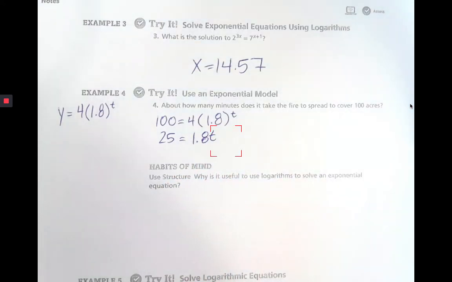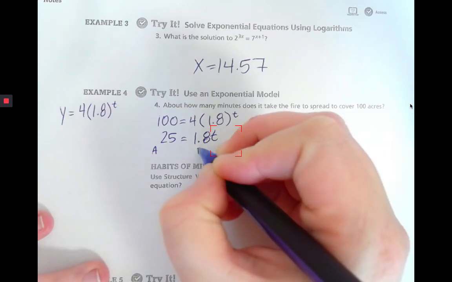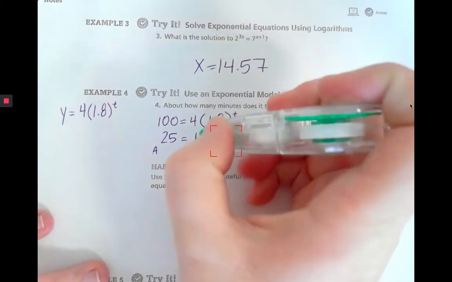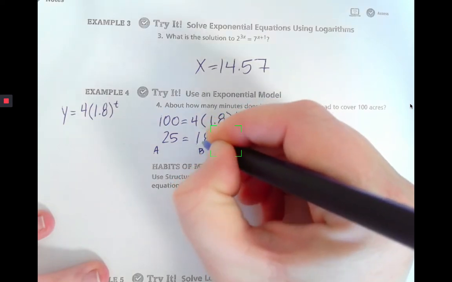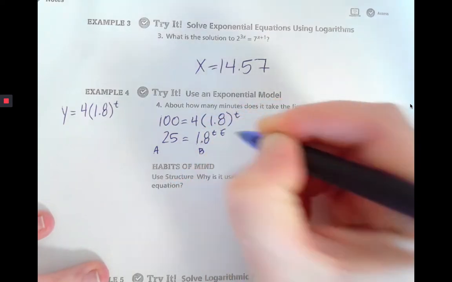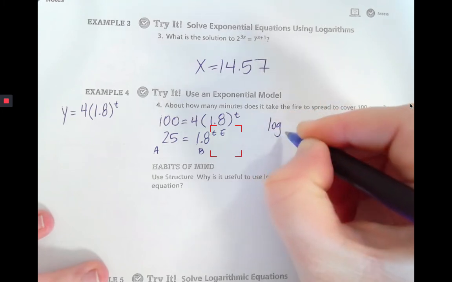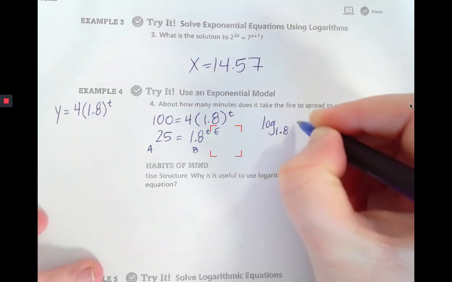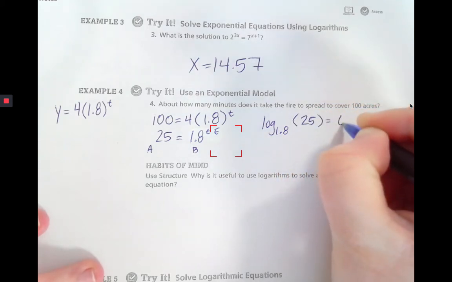At this point, guys, I can put it in logarithm form, because 1.8 is b, and t is the exponent. So this becomes log base 1.8 of 25 is equal to t.